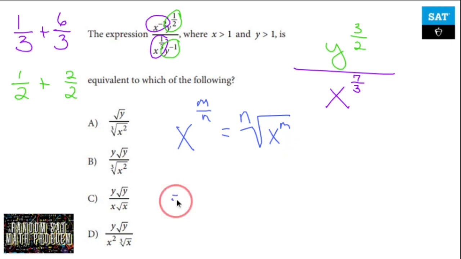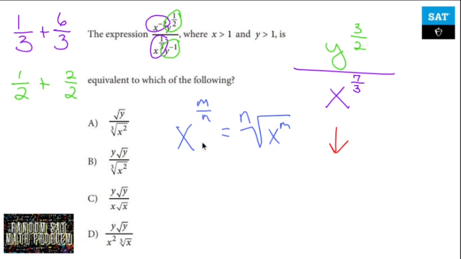It could also be written as the nth root of x, all of it to the mth power. But as you can see, we're not going to see that version of the problem in my answer. So I'm going to make this fraction over here look like that.